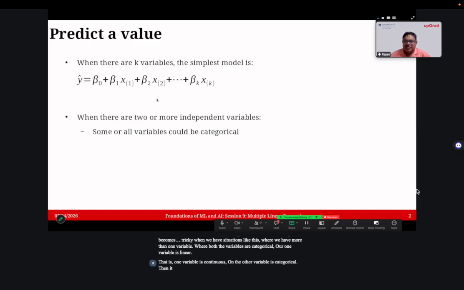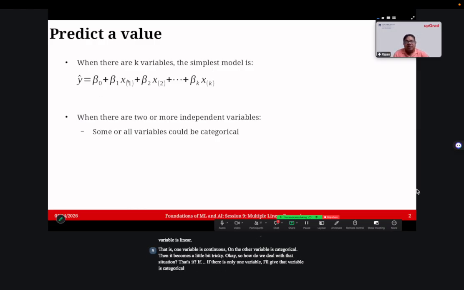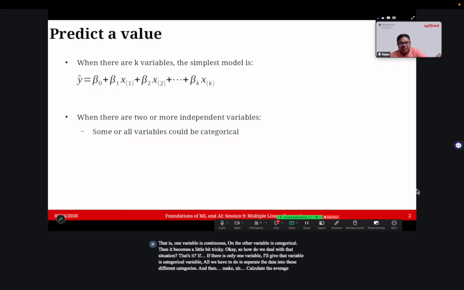Then it becomes a little bit tricky. So how do we deal with that situation? That's a question. If there is only one variable, and that variable is categorical, all we have to do is separate the data into these different categories and calculate the average for each of these categories.